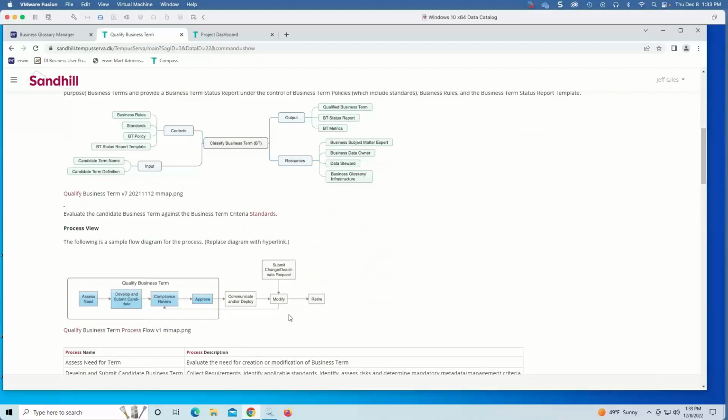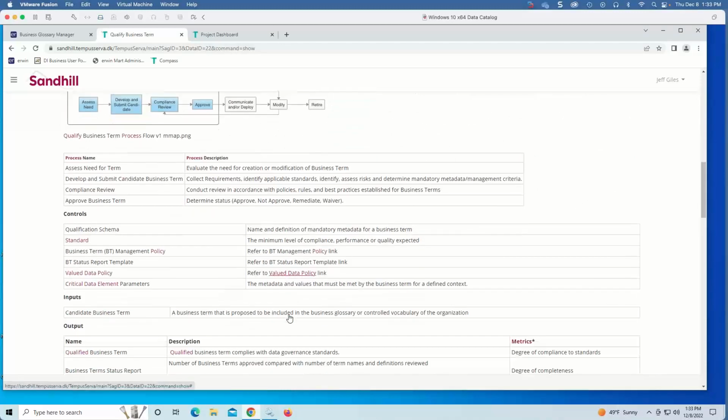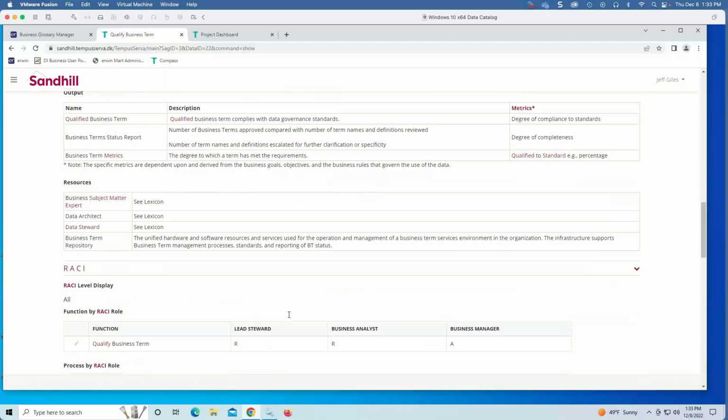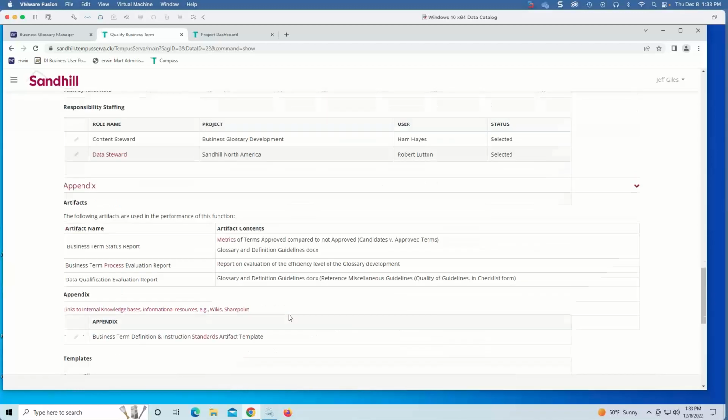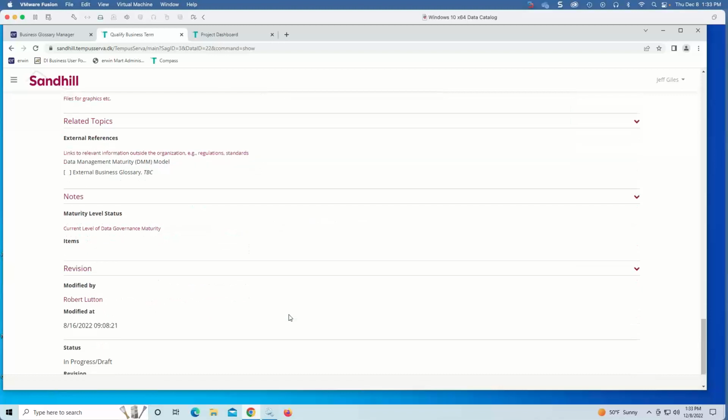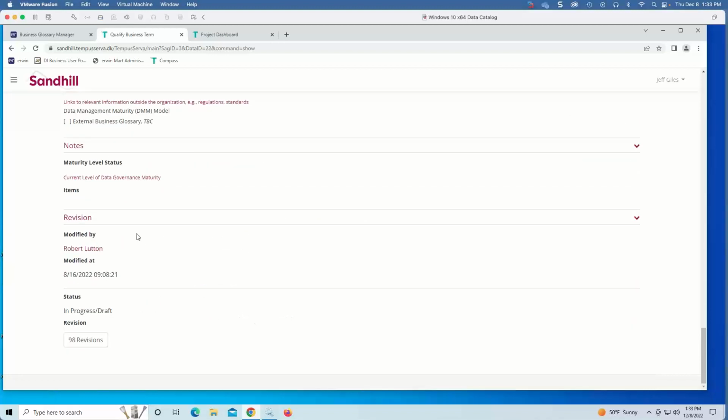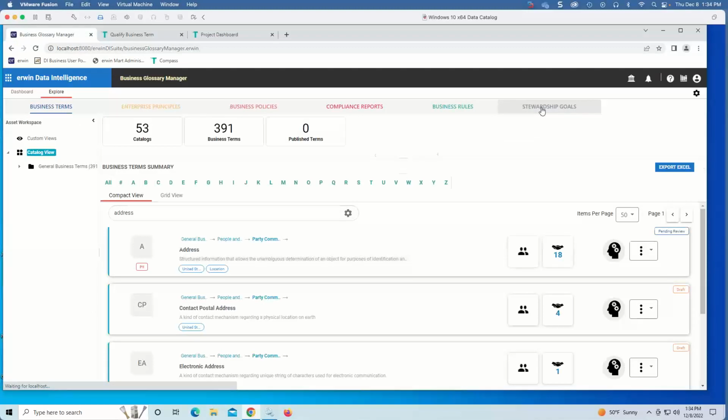So one of the things that Compass does is it has this idea of what process I might go through to look at qualifying whether that business term meets a certain standard. And you can actually have it in Compass, and you can also put your own Word documents or other associated documents in here as well, so that you have a quick reference to that. You could also take the same documents that you store in here and look at them in terms of stewardship.